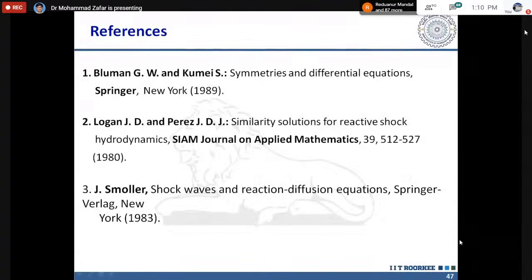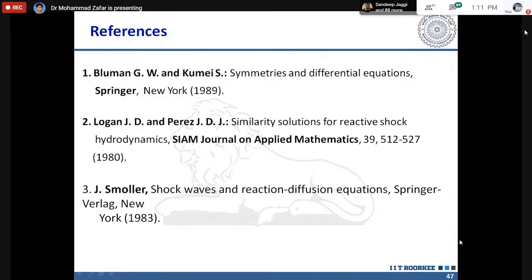So we have references now. The similarity solutions have been taken from the Blumen and Kumei book, 1989, Symmetries and Differential Equations. Very nice book. Similarly, the work by Logan and Perez, Similarity Solutions for Reactive Shock Dynamics. This is not a book, this is a paper in the SIAM Journal on Applied Mathematics in 1980.